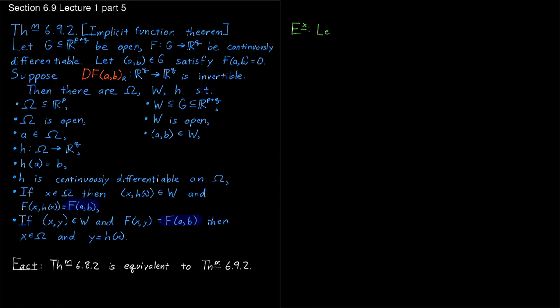Let's let P be 1, Q is going to be 2, and we'll let G be R^(1+2), also known as R^3, and F is going to be the function defined by f of x, y, z.